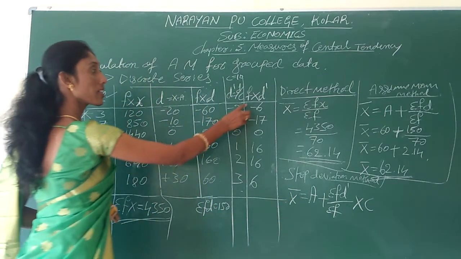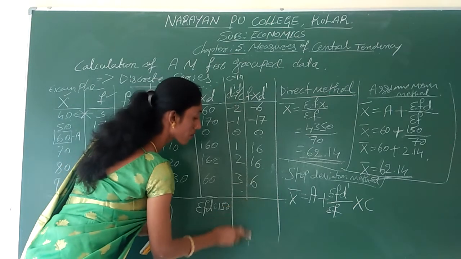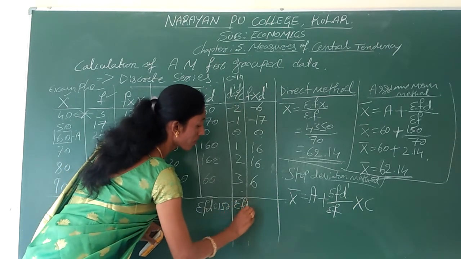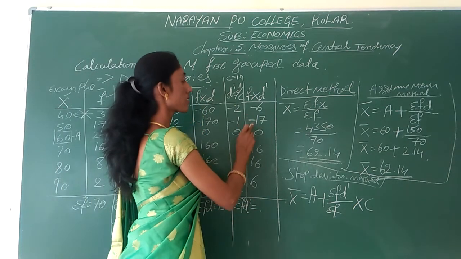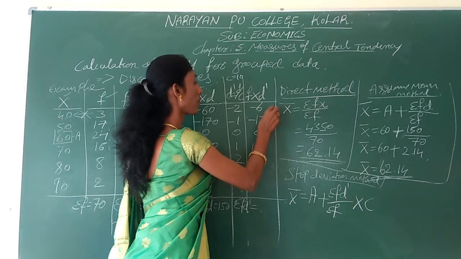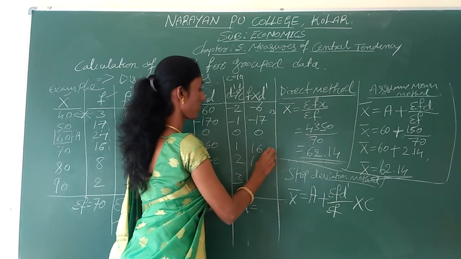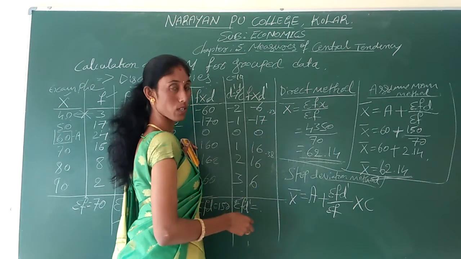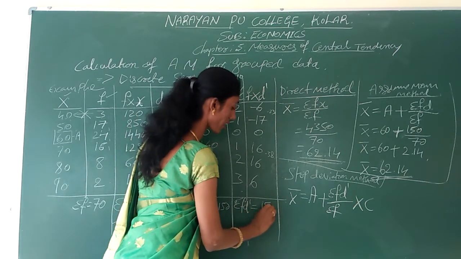Now, by adding these f into d dash values, we will get sigma f d dash. Minus 6 minus 17 will become minus 23. 16, 16, 6, that is 38. Minus 38 minus 23, we will get plus 15.